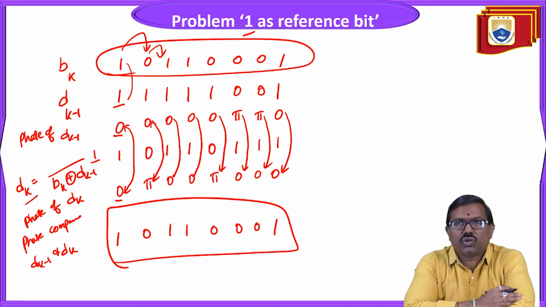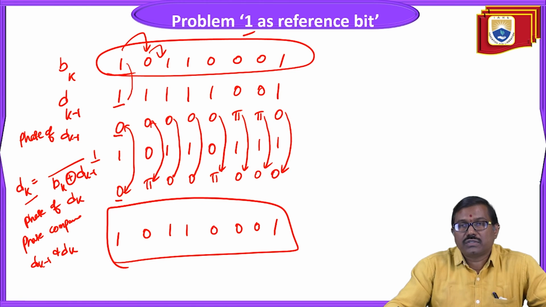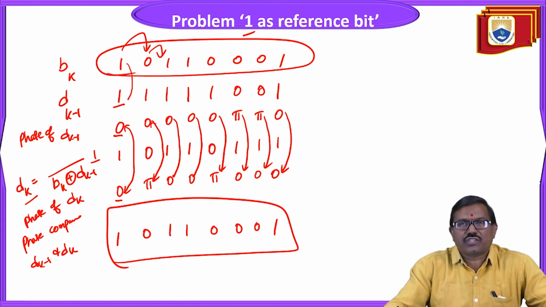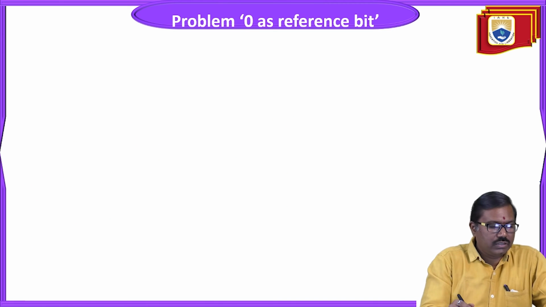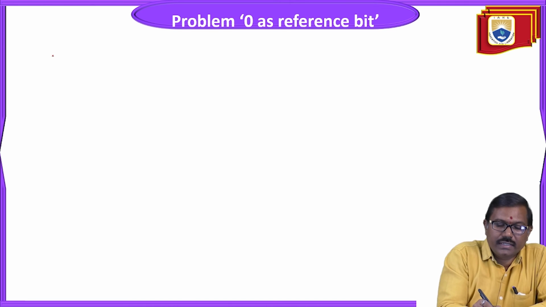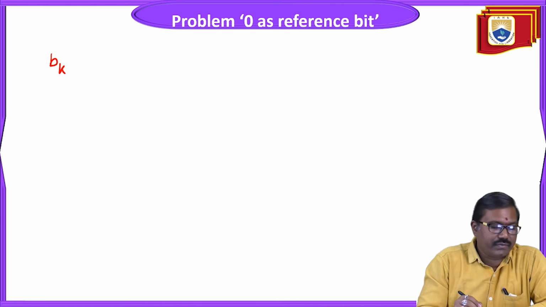So in this problem we took 1 as the reference bit. For the next, we take 0 as the reference bit. Okay. So again I require BK, that is the input binary sequence.